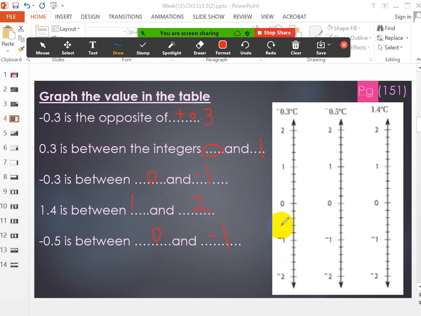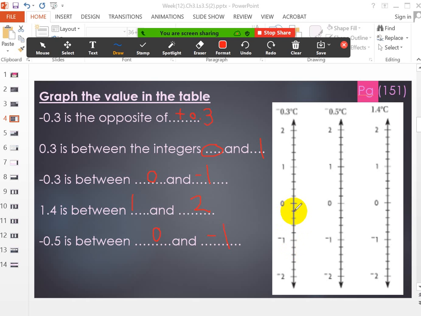Now, girls, where do I have to locate this number on the number line? Look at this number line. This is the first number. When we want to put negative 0.3, I have to divide the number line between 0 and negative 1, and then I will locate it.